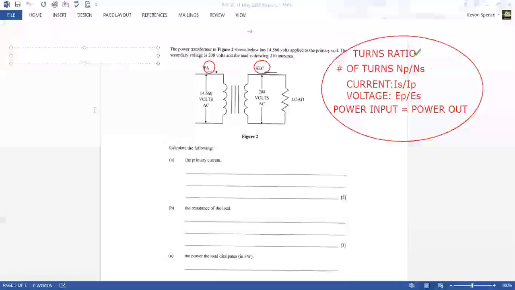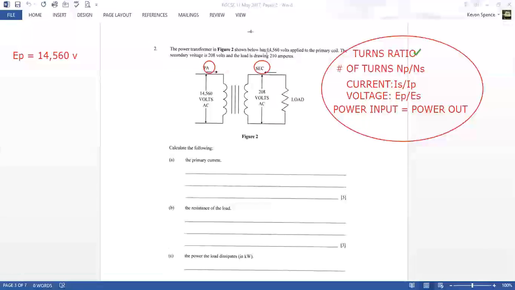So automatically, once they say that, they are telling you that EP is equal to 14,560 volts. So when you're doing this question yourself, these are the things that you are going to do.